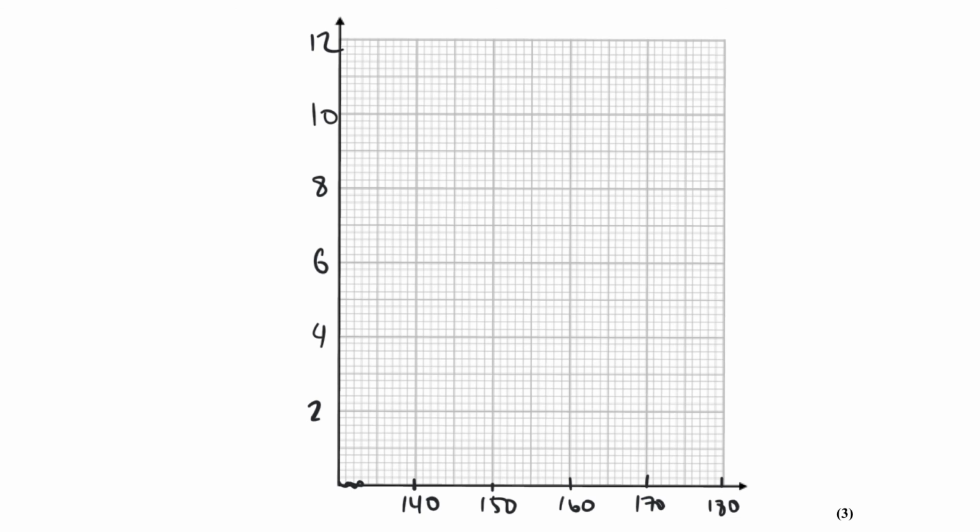So the first one was from 140 to 150. Because, remember, histograms are bar charts, I'm going to draw the lines on my bars. The frequency density was 1.5. Then for the next one, it was 6. Then for the next one, it was 10.2.